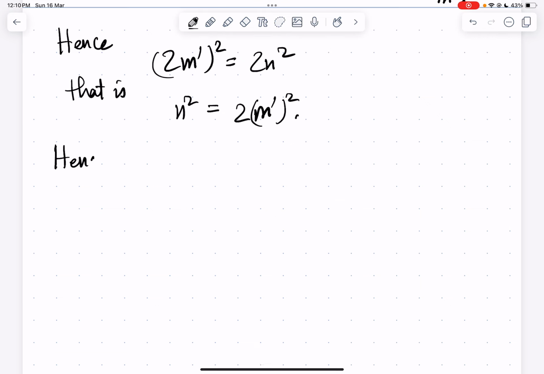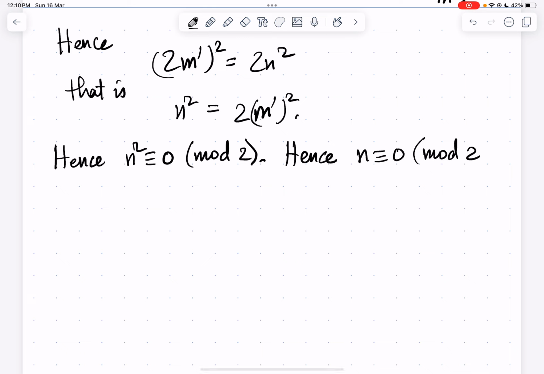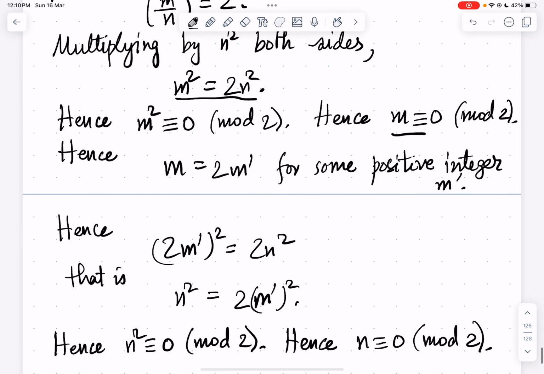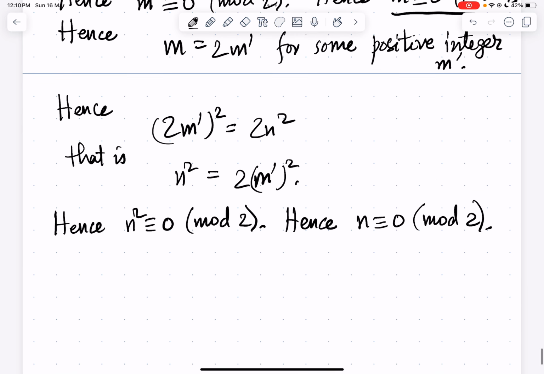Hence n square is congruent to 0 mod 2, so n is also congruent to 0 mod 2. So we saw that both m is congruent to 0 mod 2 and n is congruent to 0 mod 2. This is a contradiction.